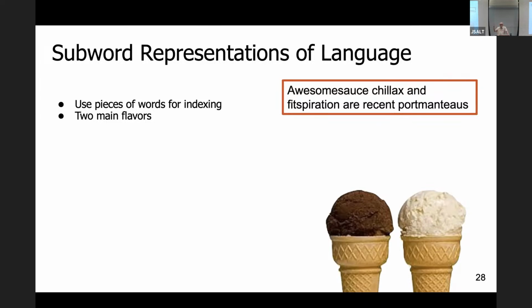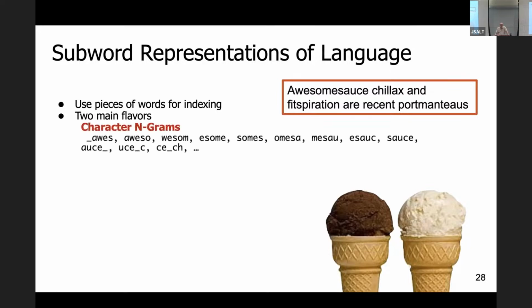And there are two main ways to do that. The old way is called character n-grams. In character n-grams, you pick some n, like 5, and you chop your text up into overlapping sequences of 5 characters. So this is the start of the character 5-gram tokenization for this text: blank AWES, AWESO, WESOM, and so on.